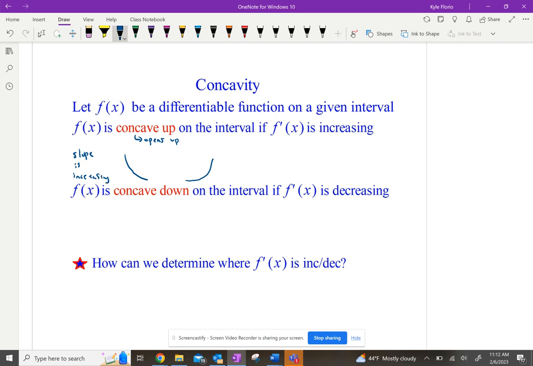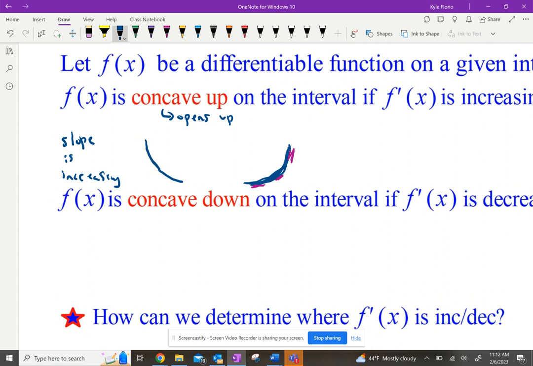It's not going to take much to convince you that the slope's increasing here. But what's going on here is the function's increasing, but the rate of change is getting steeper and steeper, so the slope is increasing. Here you might say, well, Mr. Flora, the function's decreasing. I agree, but the slope is actually increasing because the slope here is a very negative number, maybe like -10 over 1, a very steep negative slope.